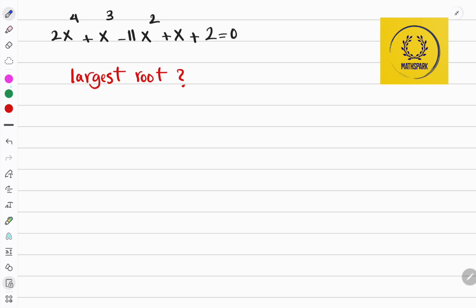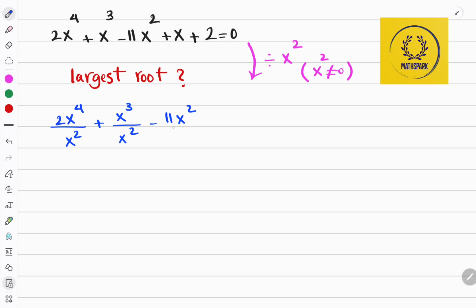First of all, I'm gonna divide both sides of the equation by x squared, and we know that x squared is not 0. Okay, so 2x first over x squared plus x cubed over x squared minus 11x squared over x squared.